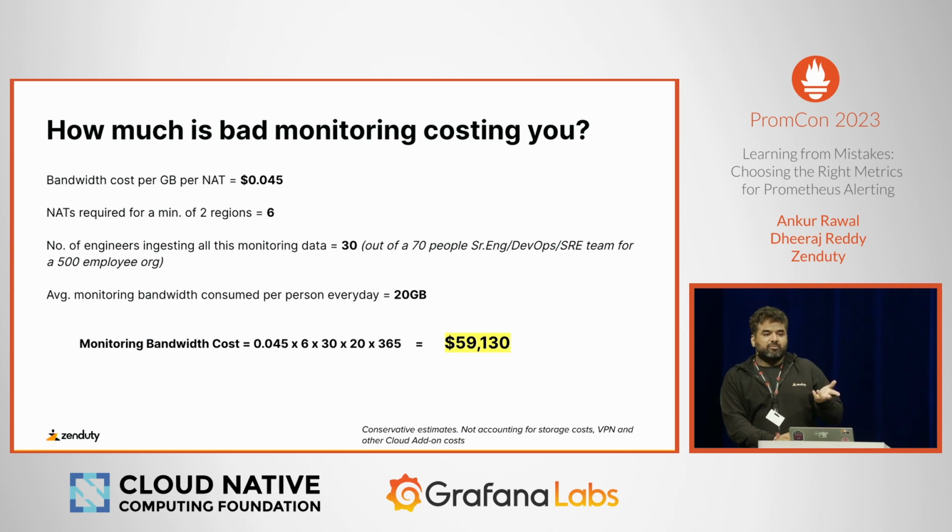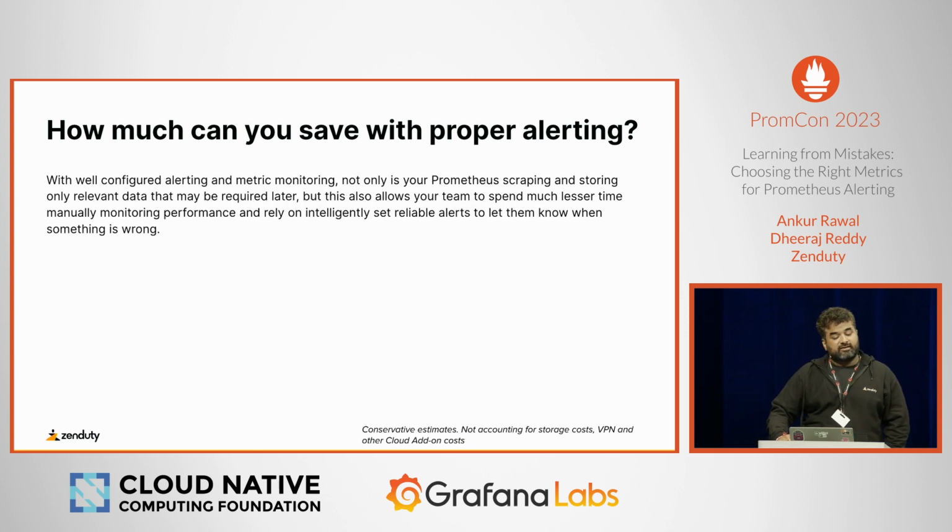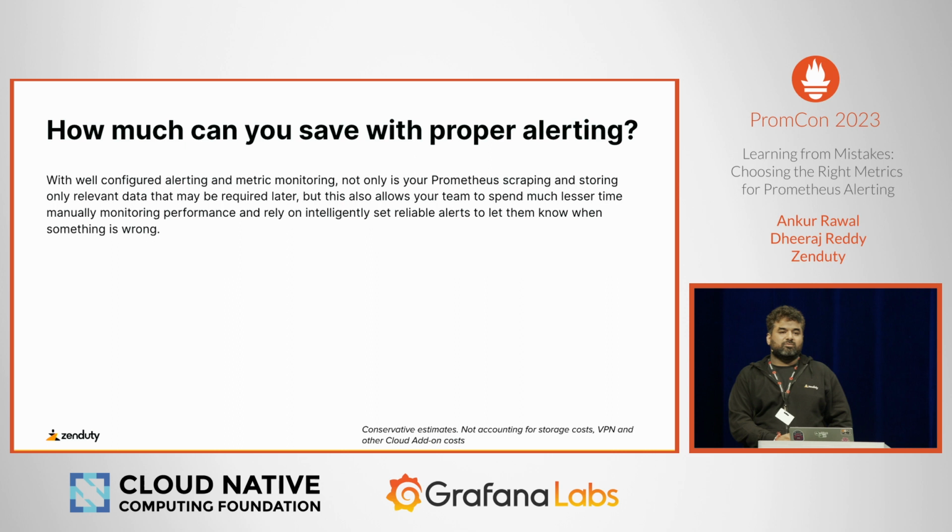But we did some more math if we set the alerting in the right way, with well-configured alerting and metric monitoring, and also through Prometheus scraping, storing the relevant data, not storing everything. If it is not needed, it's always avoidable, because when you're transferring more data, you are taking more bandwidth to transfer the data, which leads to latency.